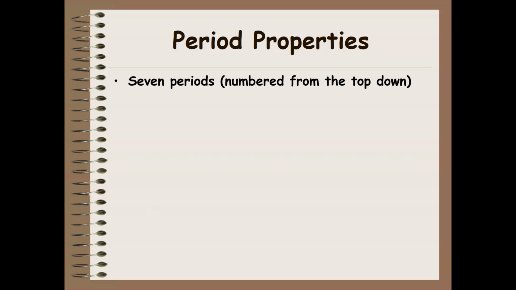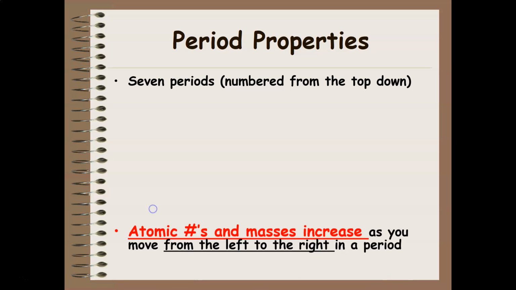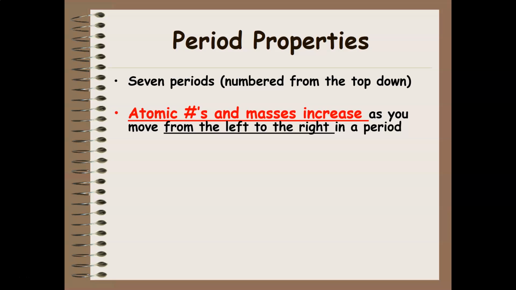Some of the properties of the periods, we have 7 of them. As you go left to right, their atomic numbers increase, and almost always their mass increases. Not perfectly, remember that's what Moseley figured out, but almost always.